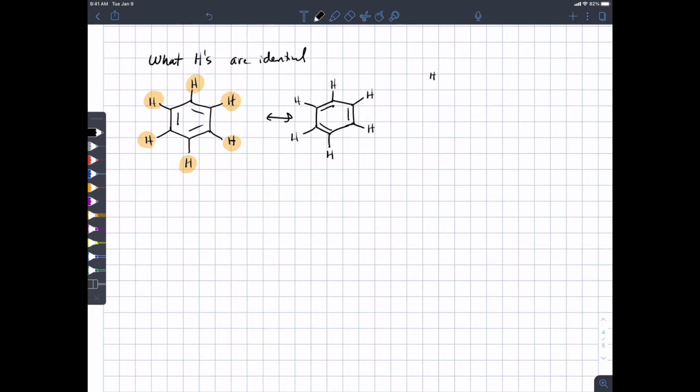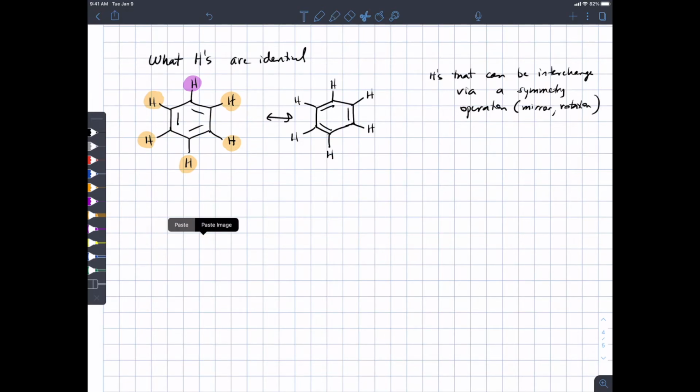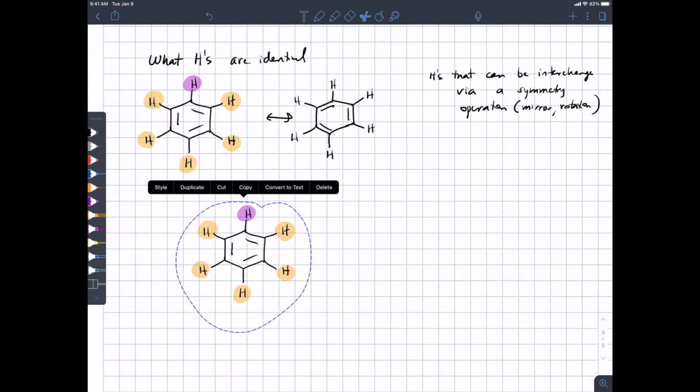The principle is that protons that you can interchange via a symmetry operation, and by that I mean mirror or rotation, are identical, right? So all I would need to do to trade one proton on benzene for another, let's just pretend we thought this one was different, is copy, paste, and then, hold on.